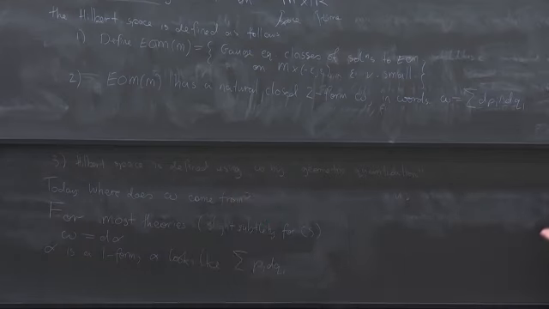So what I want to do is use the Lagrangian to build this one-form alpha. Alpha is called the variational one-form.